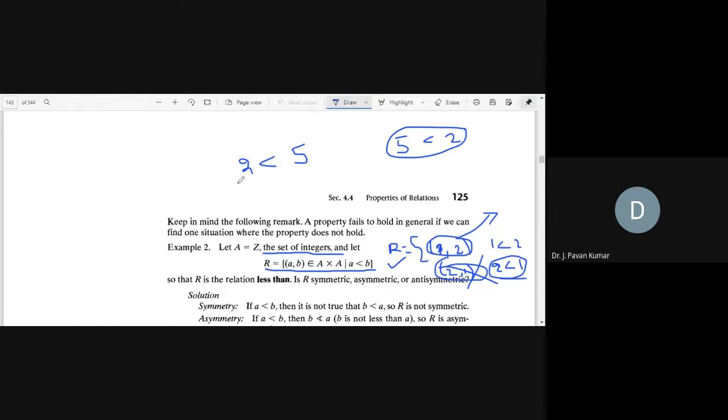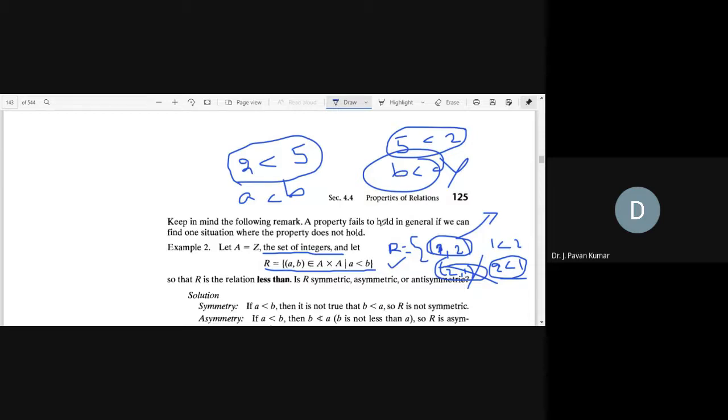For any two numbers, if a is less than b, then b less than a will be false, so b comma a will not be part of the relation. So it is asymmetric.